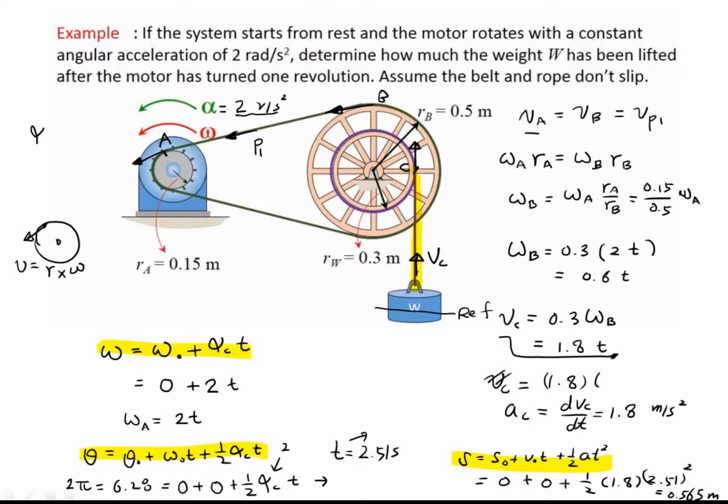One more thing to remember is that the pulley system connects the two wheels, so this equation is valid because the velocity here and the velocity here must be the same. To satisfy this condition, the velocity is determined by omega r, so omega A times RA and omega B times RB must be the same.